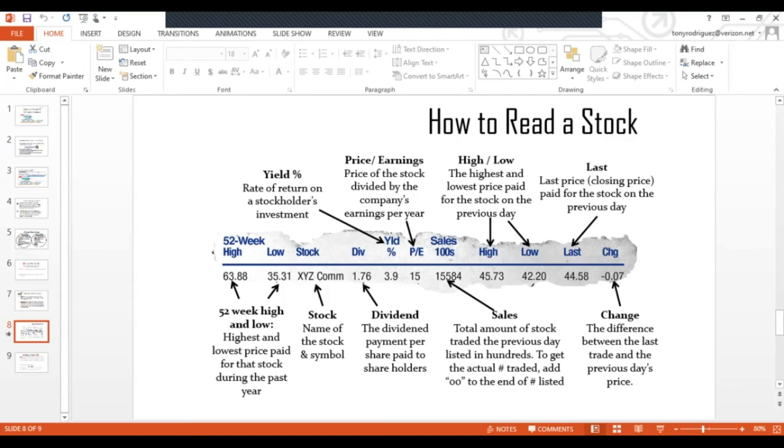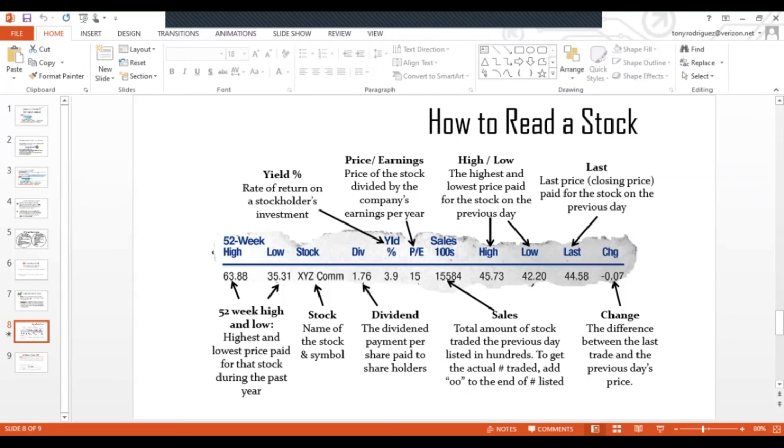And so today, it says that that stock lost 7 cents compared to yesterday, okay? So that's what the negative means there. Now, if it was a plus, that would mean that this stock closed at 7 cents higher. So you gained compared to yesterday. So that's what this column change means.